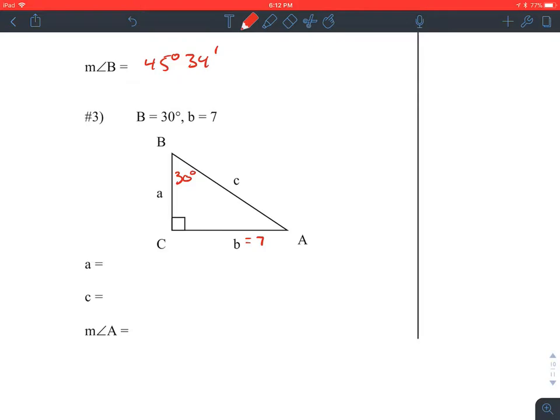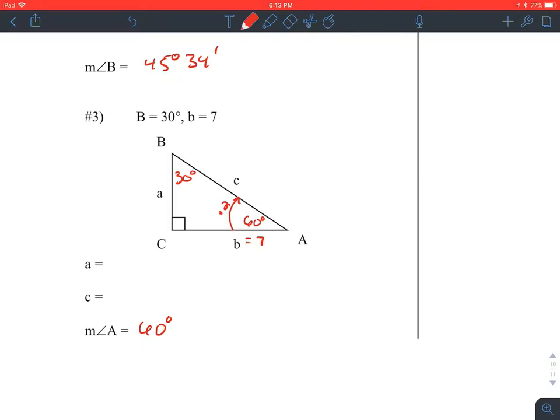If one of your angles is 30 and the other one's 90, this one has to be 60. That's a special right triangle. Boy, is it special. In a special right triangle, short leg, whatever that is, in this case it is B. Whatever's opposite of 90, which is the hypotenuse, is that times 2.